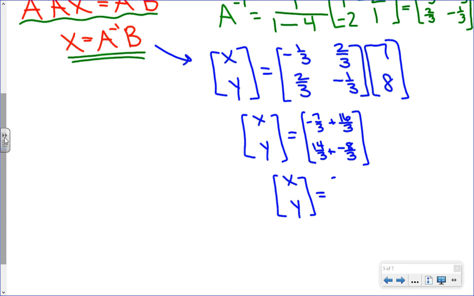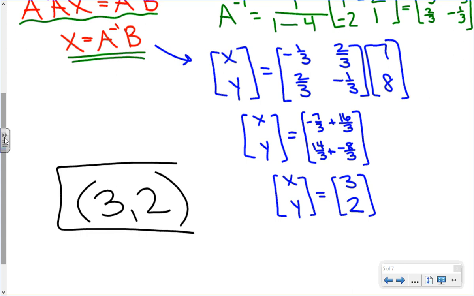What is negative 7/3 plus 16/3? 9/3, which is 3. And what is 14/3 plus negative 8/3? 6/3, which is 2. So our coordinate of intersection is 3, 2.